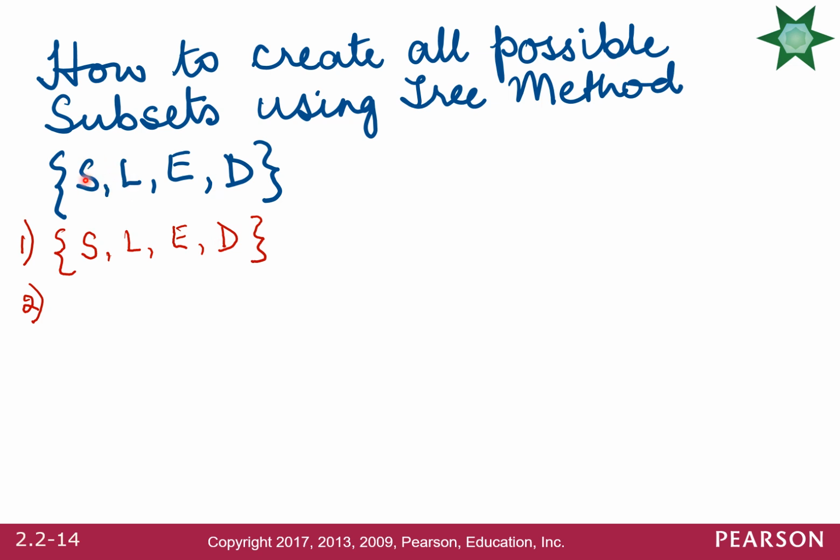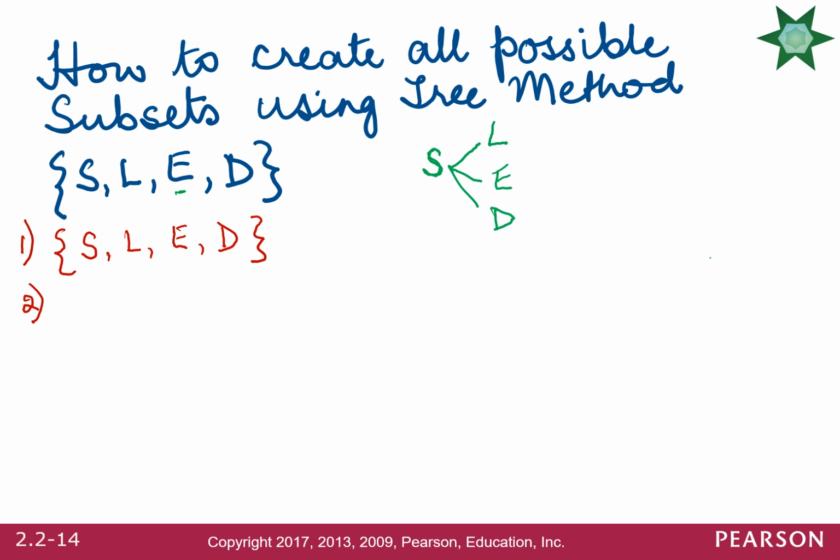So we'll start with the first letter here, S. So take the first letter, and then after the first letter comes L. So in the second draw, we can have either an L, or an E, or a D.